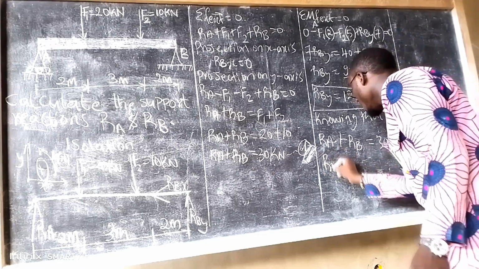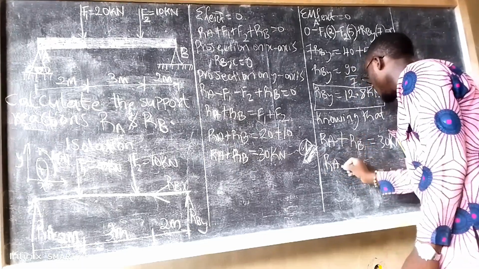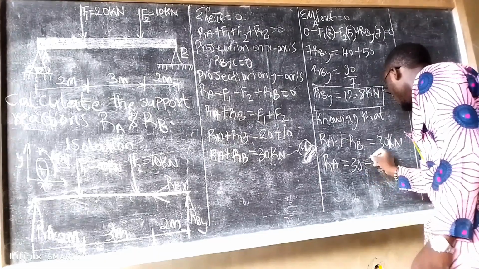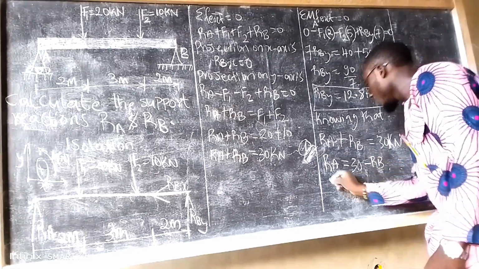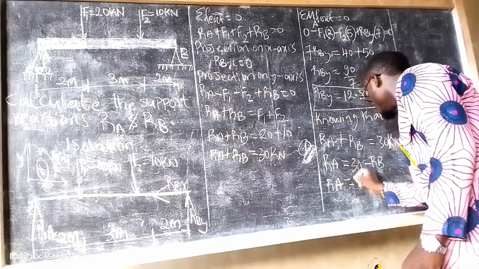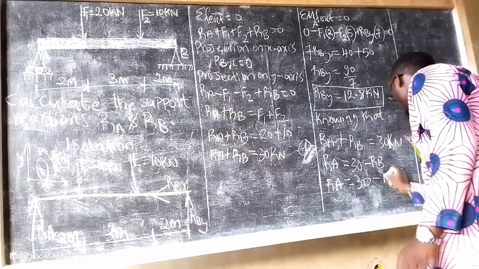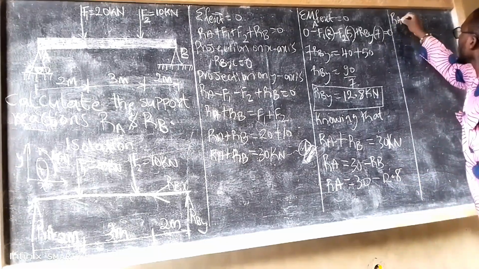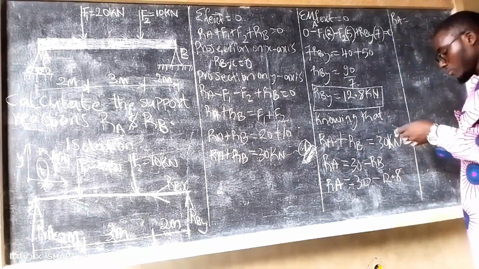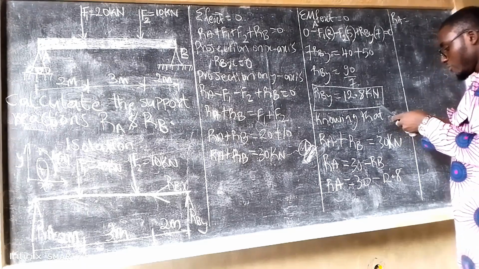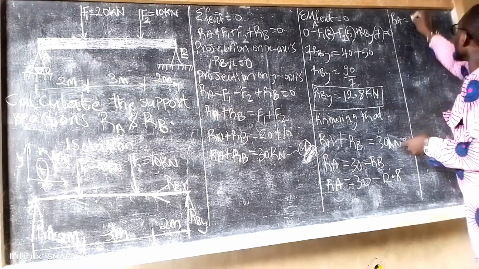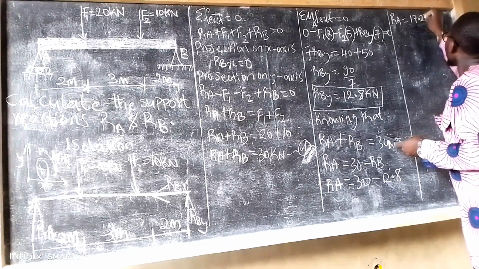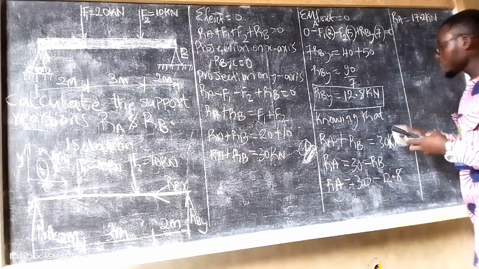So RA is equal to 30 minus RB. So our RA will be equal to 30 minus 12.8, which gives us 17.2. We have 17.2 kilonewton.